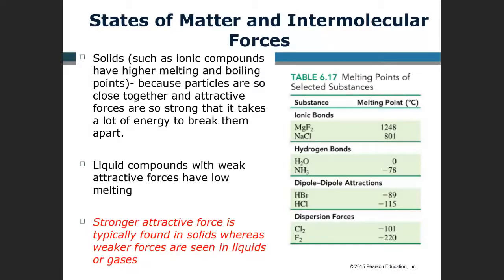If I'm looking at chlorine gas or fluorine gas, we will see that they are non-polar covalent compounds, and we will observe that the melting points are very low. While in the case of solids, we will see that the melting points are very high.